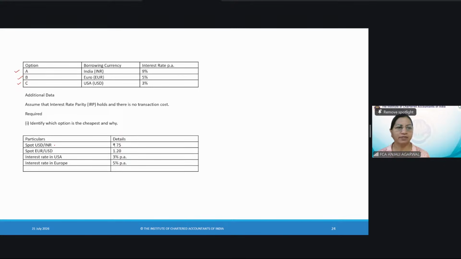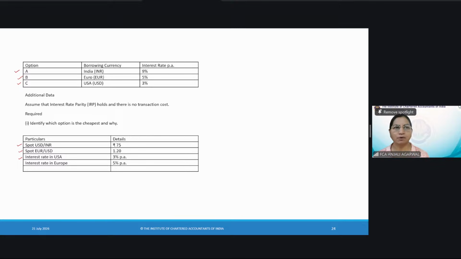Particulars further given is that the spot USD to INR, $1 is 75, €1 against USD is 1.20. Interest rate in the USA is 3% and Europe is 5%, which is already mentioned here also. So same information. So we have to identify which option is the cheapest and why.